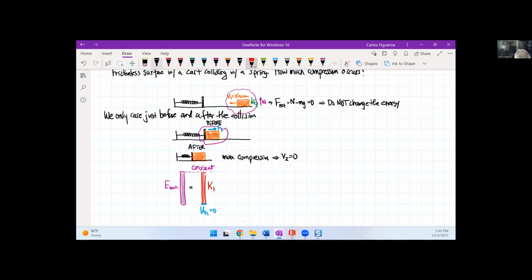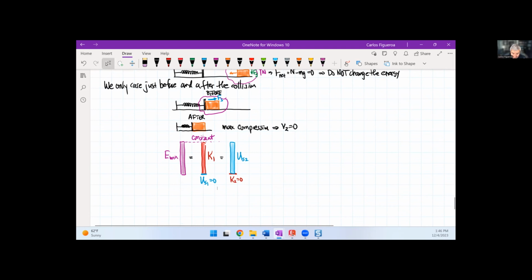So I don't have to worry about what happens afterwards. I don't care how this thing is compressing. All I know is that in the end, if I look at just the endpoints, at K2 it stops. It gets maximum compression. So the rest of this is only spring potential energy at 2. That's my equation right there. That is completely my equation.